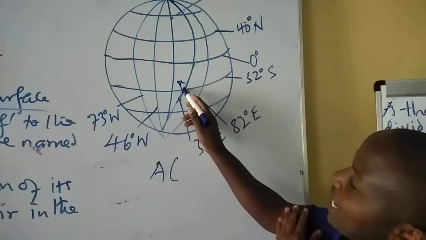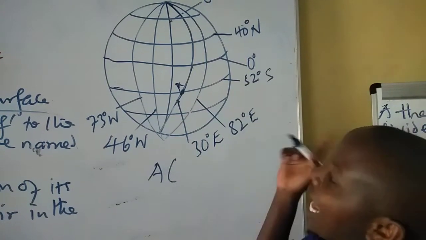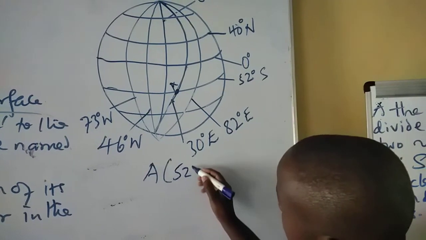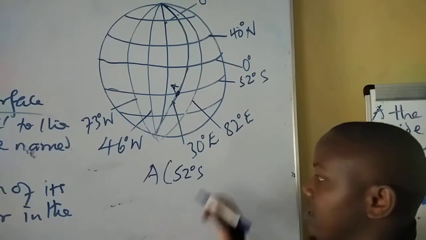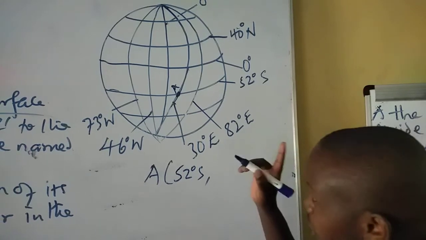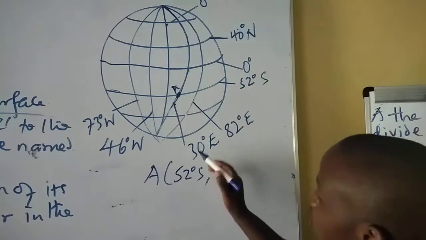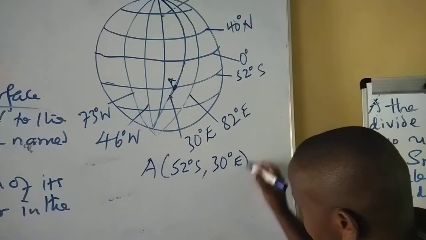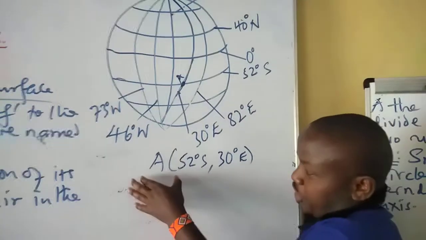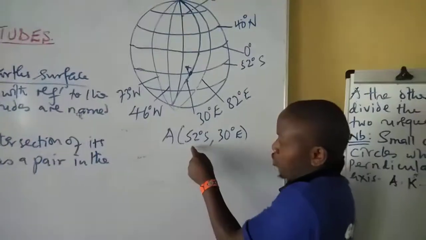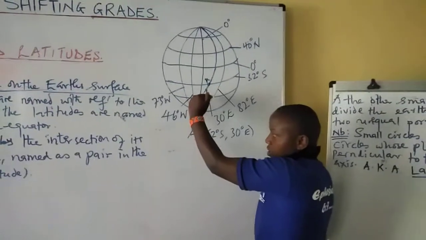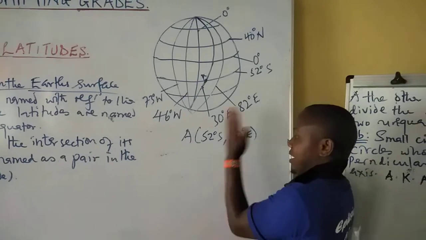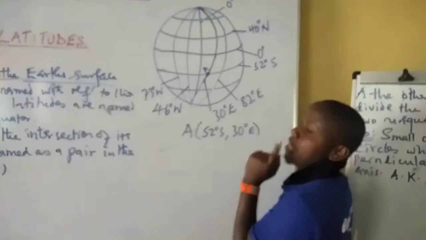Therefore, at point A, we have a latitude which is 52 degrees south, and a longitude which is 30 degrees east.